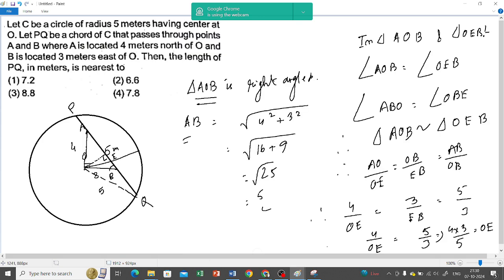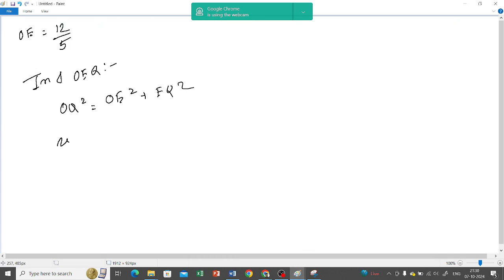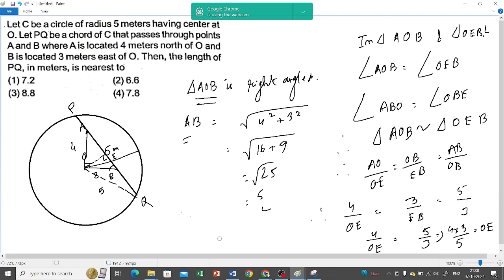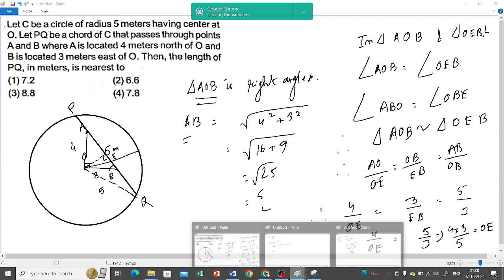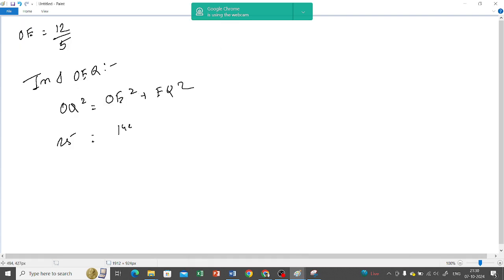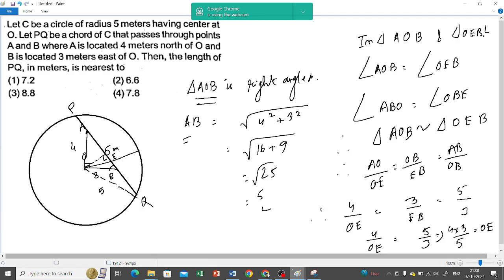What is OQ? 5. What is OE? 12/5. That is 144/25. And what is EQ? I need to find out.